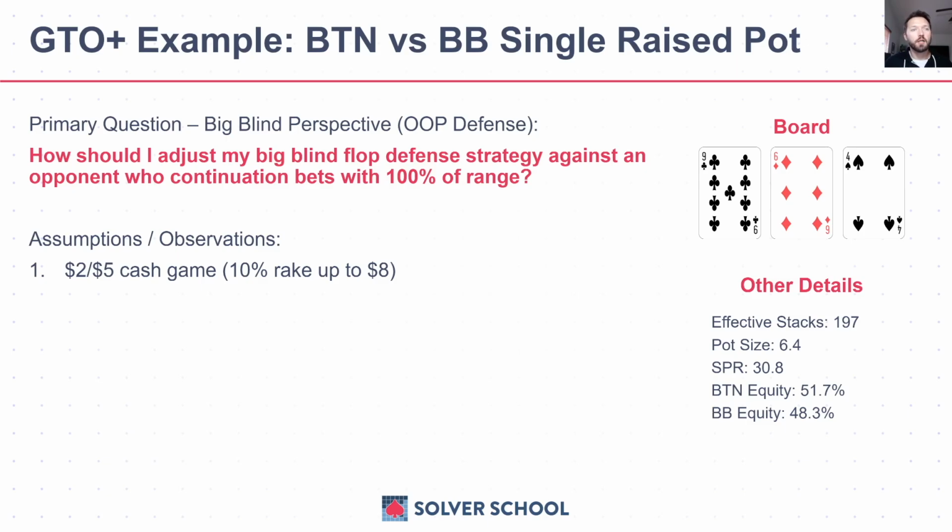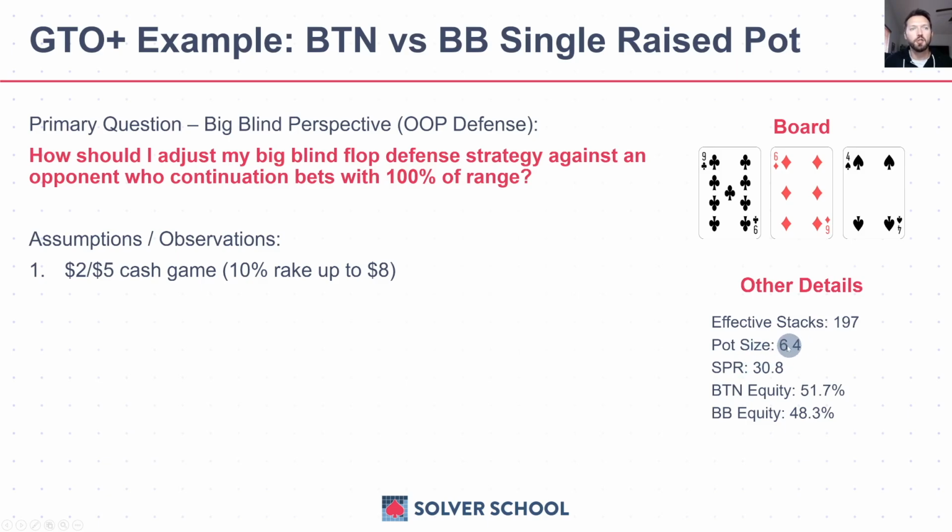Now, what that does actually here, and I'll mouse over just so that you can see, is in the 5-10 game, the small blind is exactly half of the big blind. So we would be left with a pot size of 6.5 in the other example. However, in a 2-5 cash game, our small blind is actually 40% of the size of the big blind.